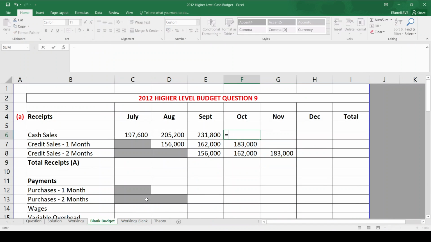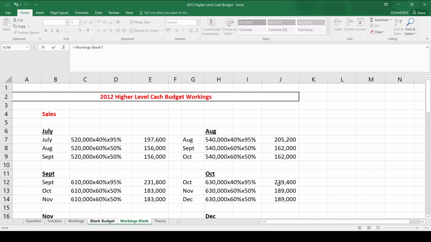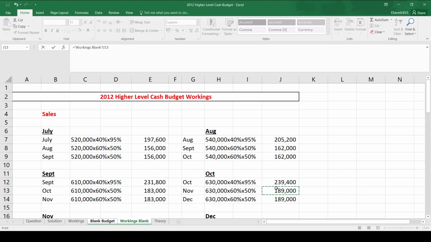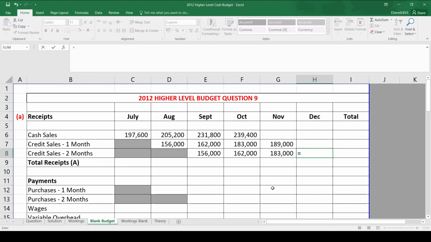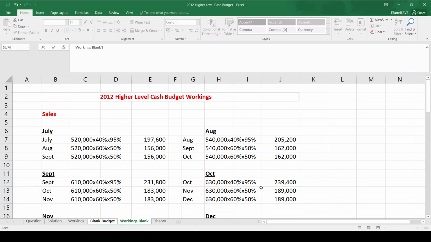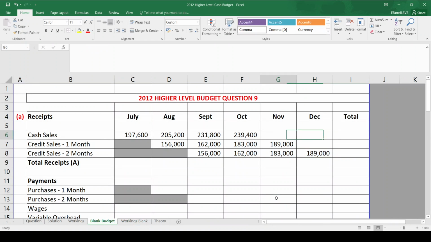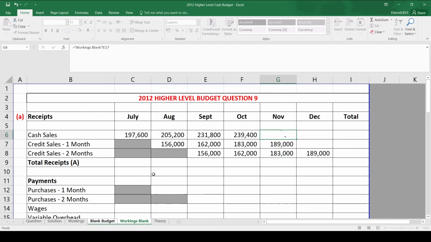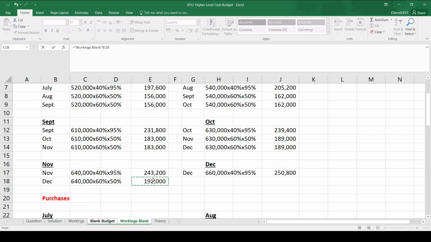In October, for cash, I'm going to get in 239,400 straight away. In November, I'm going to get in 189, and in December, I'm going to get in 189. For November, cash straight away, I am going to get in 243,200. 1 month later in December, I'm going to get in 192.